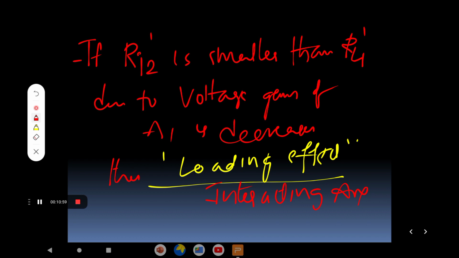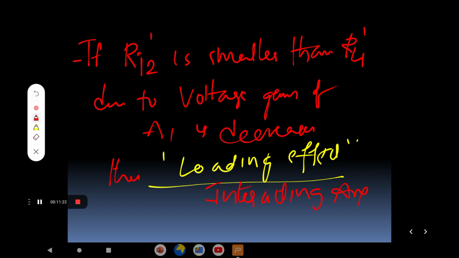These are the two important considerations for multi-stage amplifiers. If the amplifiers have a high input resistance, then in cascading the loading effect does not take place. Therefore, such amplifiers are called non-interacting amplifiers. In case the input resistance value is very small compared to RL1 dash, we call it the loading effect.